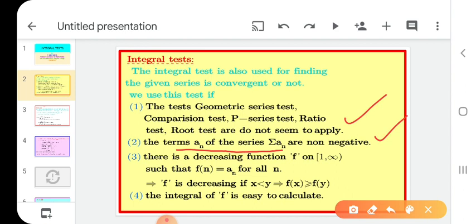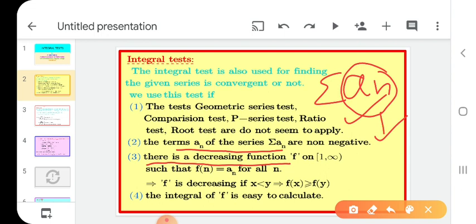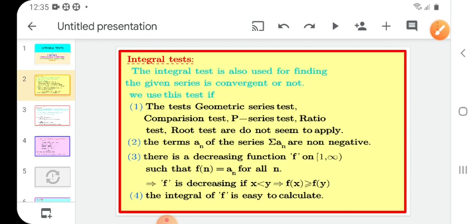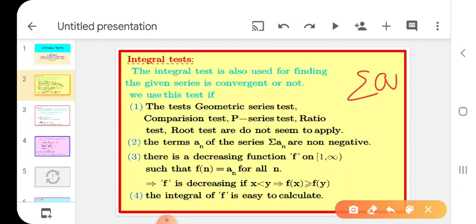The given series has only non-negative terms and there is a decreasing function. Summation a_n is a series where a_n is a function. There is a decreasing function f on the interval from 1 to infinity such that f(n) equals a_n for all n.